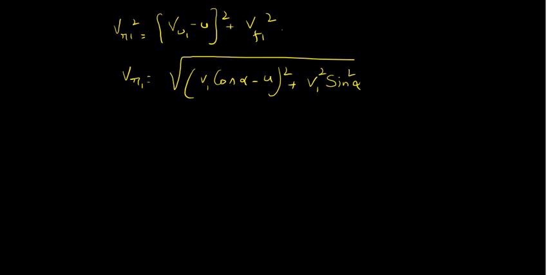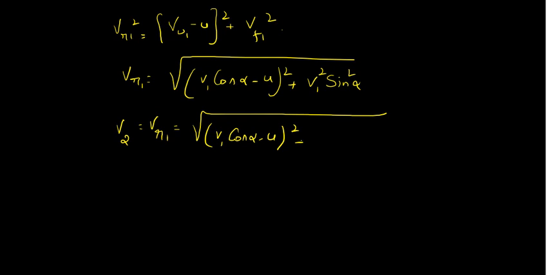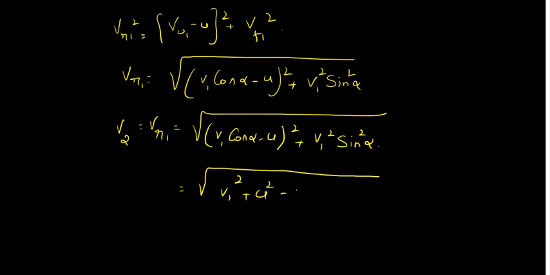Am I clear? Similarly, VR1 is nothing but V2, the square root of (V1 cos alpha minus U) whole square plus V1 square sine square alpha. Further, if I simplify and expand it, I get the relation V1 square plus U square minus 2U V1 cos alpha. And these are the values of V2 and VR1.